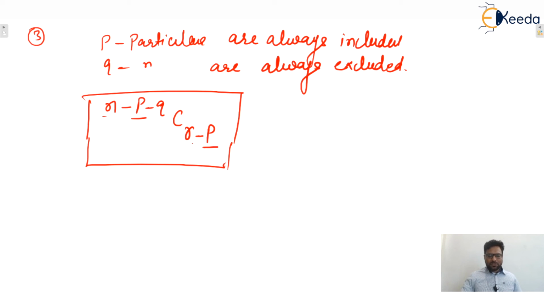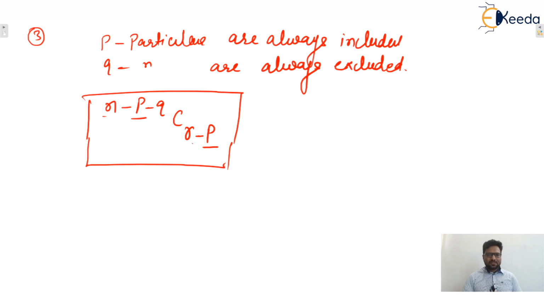Can we proceed further? That was one introduction about combinations. In the next lecture, we'll see some more good questions based on combinations, and we'll see combinations when objects are identical also.